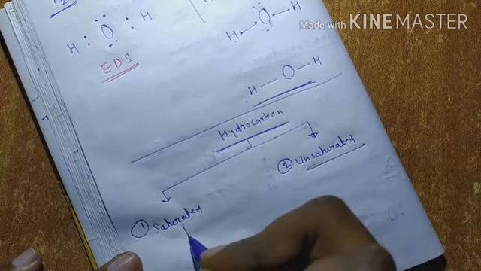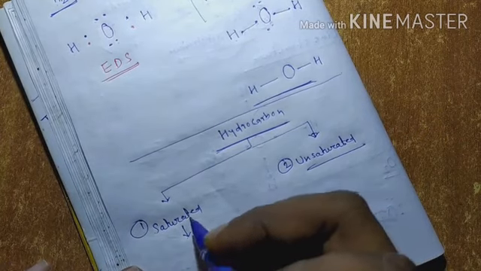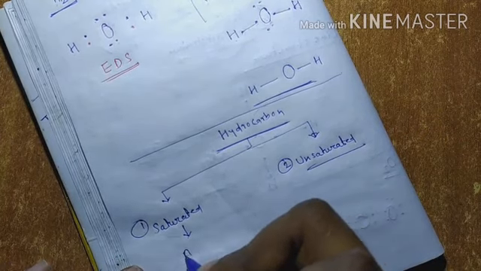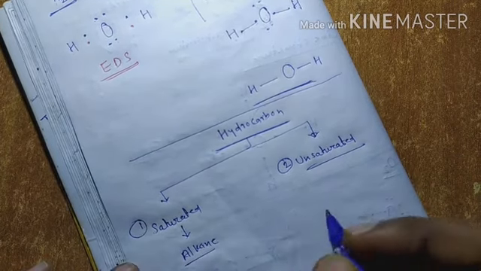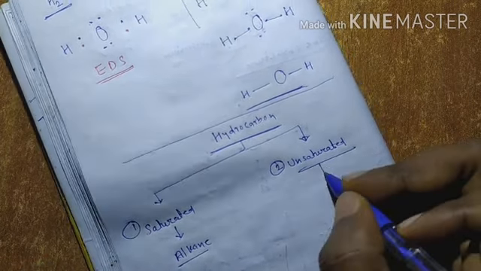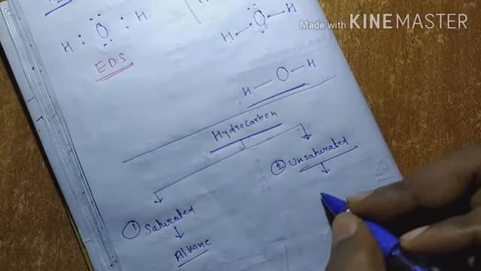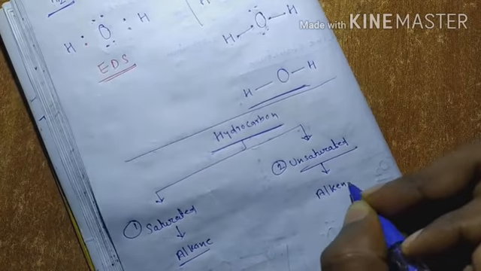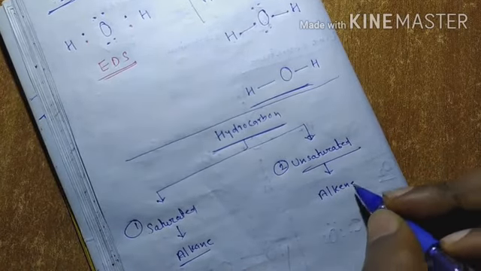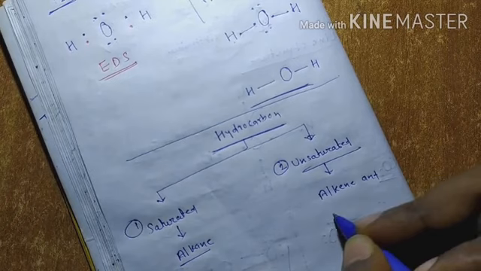In saturated hydrocarbon, the alkane family comes, and in unsaturated, alkene and alkyne.